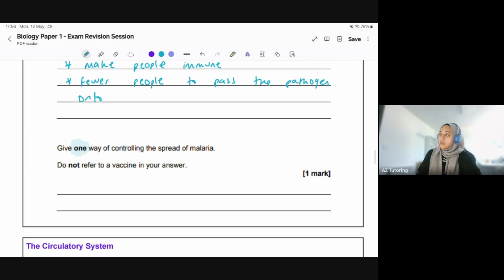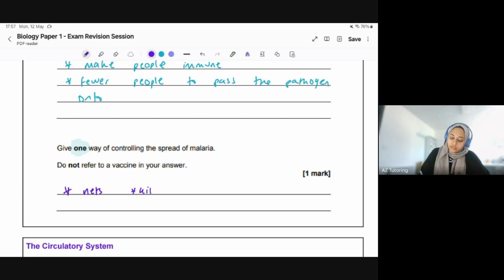So it says, do not refer to vaccines. There's quite a few different things you can write here, but just write one. So you could say draining swamps, because that's where the mosquitoes go to get the protist. You could say using mosquito nets, just to prevent the mosquito from biting you.